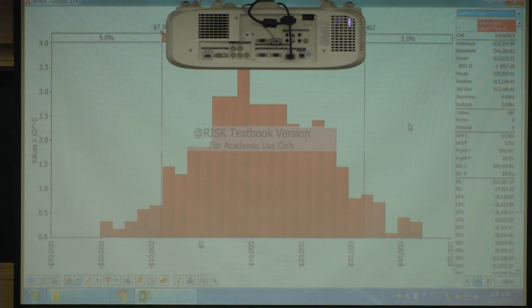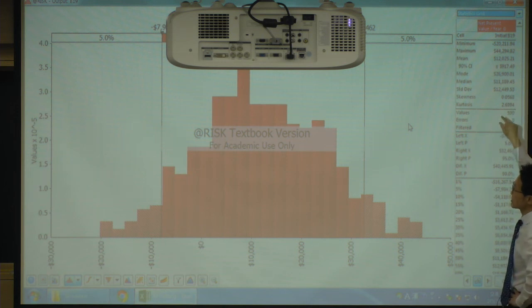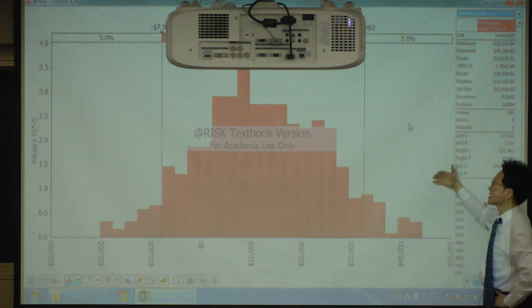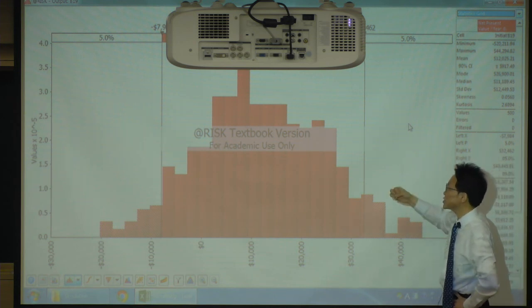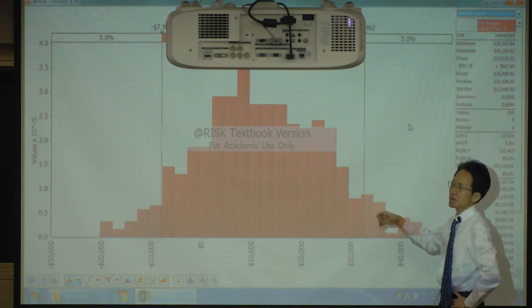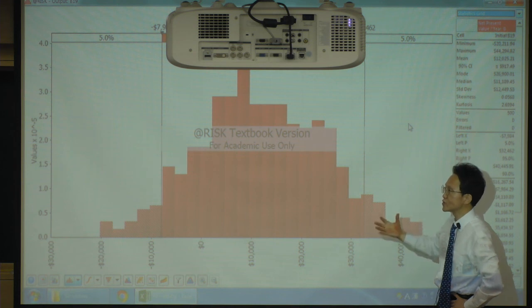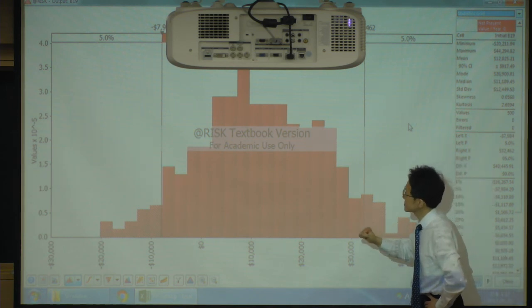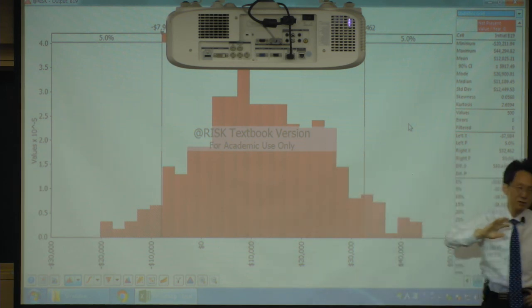And it gives us that the mean value is 12,025, which is very close to the base value, 12,455. But it does not just give us some point estimate, it gives us a range estimate. And I will return to that point. When you have to make a decision, what's the big difference between point estimate and range estimate? Okay, that's how it looks.